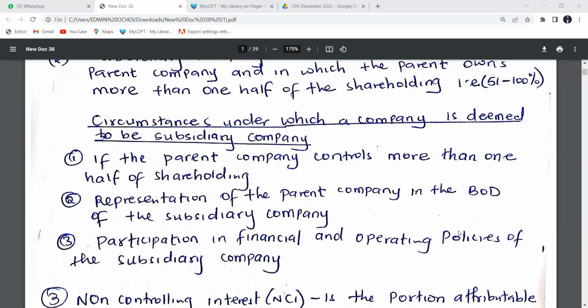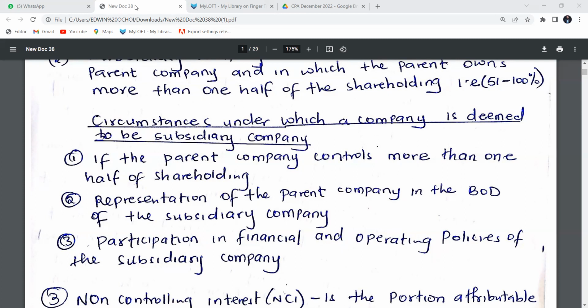So those are the three circumstances: representation in the board, and participation in financial and operating policies of the subsidiary. So I think now you know, other than the percentage.